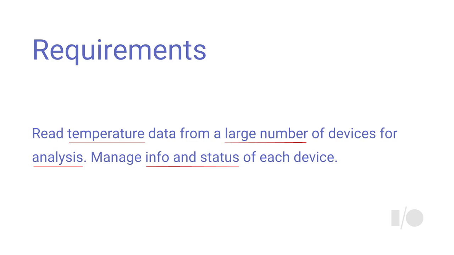To wrap up, I wanted to make sure that we checked all the boxes for the requirements for our application. We were able to read the temperature data from the device. We were able to handle a large number of devices because each of the backend pieces, PubSub, Dataflow, and Bigtable, are all able to scale and handle a large number of devices.